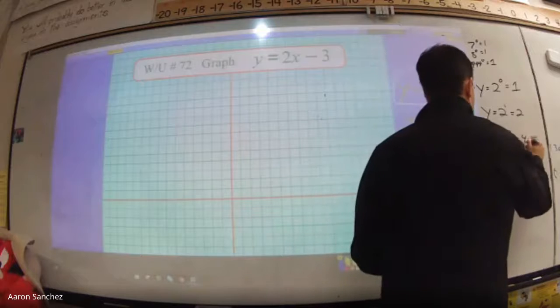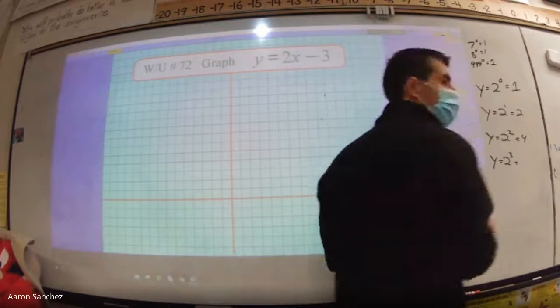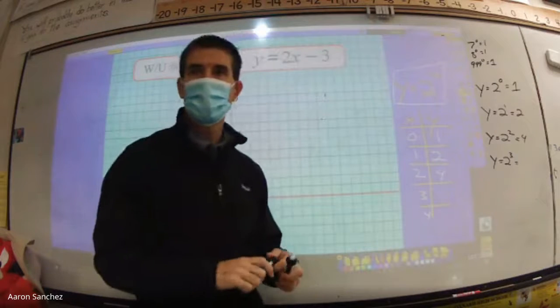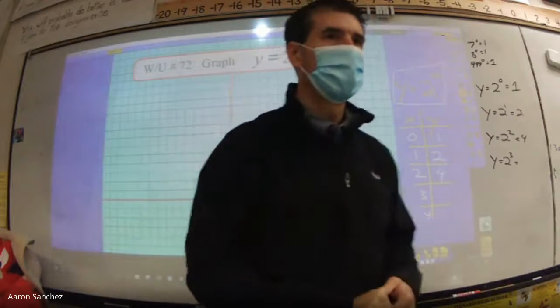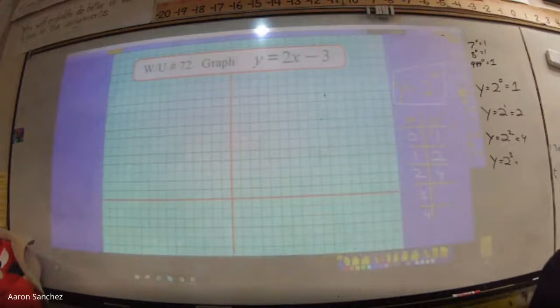Okay, so this might throw some of you off. y equals 2 to the 3rd power. So 2 to the 3rd power is? Not 6. That's where it gets tricky. Good guess, though. Yes, 8. Was it David who said that?